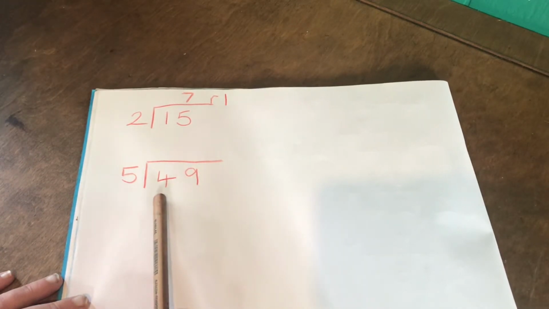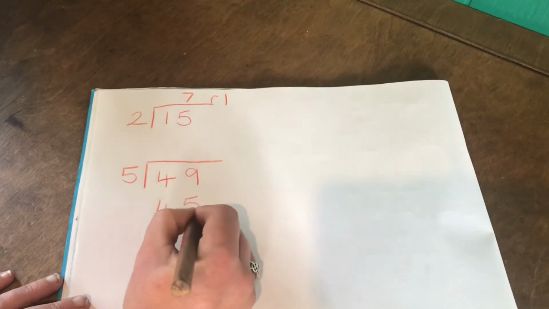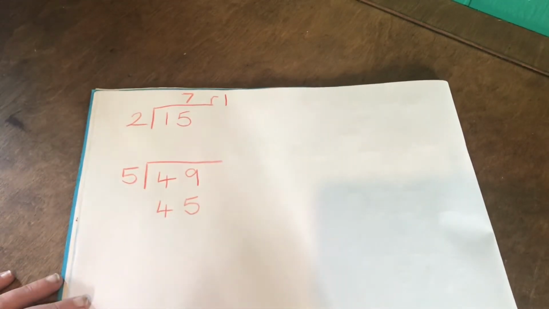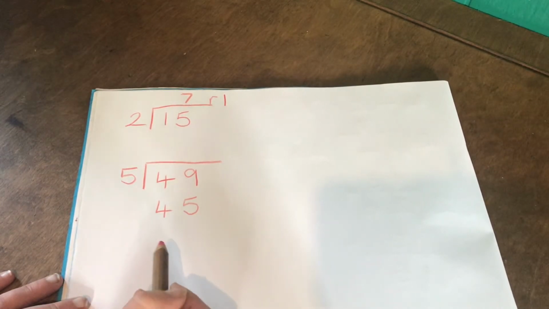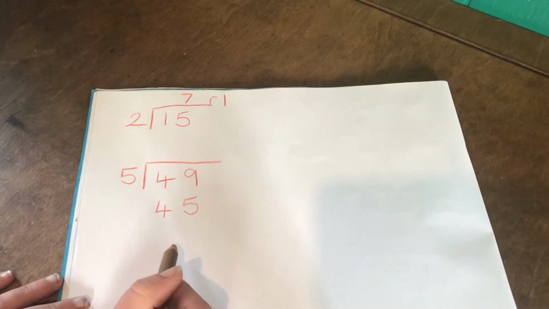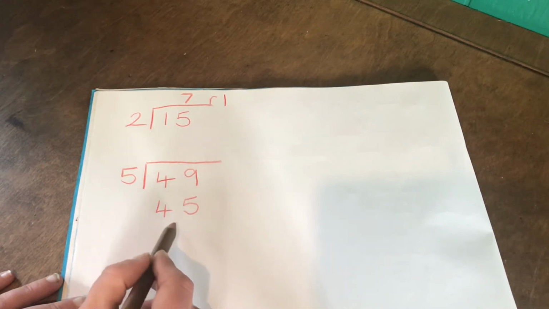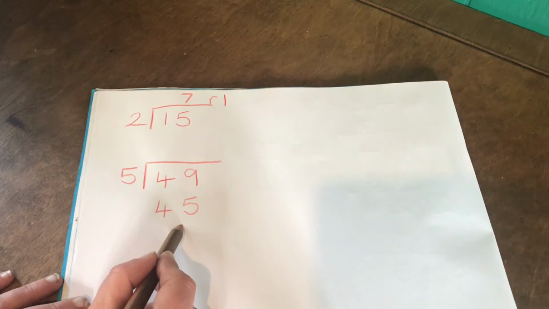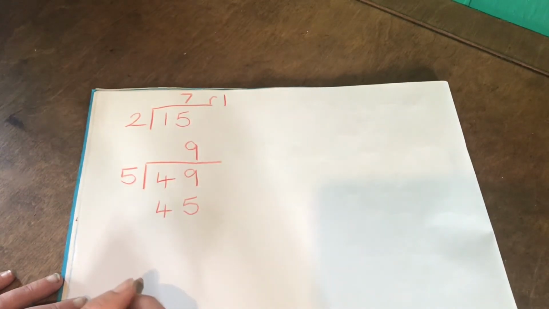So the closest number below is 45. For some children, it helps them to write down this number here. How many 5s are there in 45? So I can count through my 5 times table until I reach 45, or I can look on the flowers, how many petals have I gone round before I reach the number 45? I've gone round 9 times.